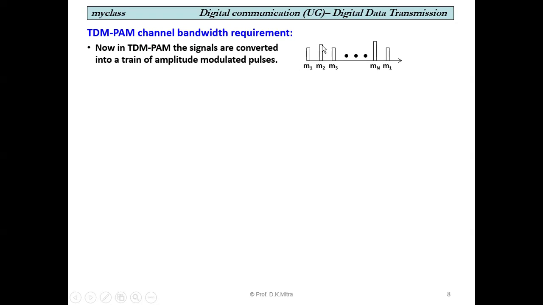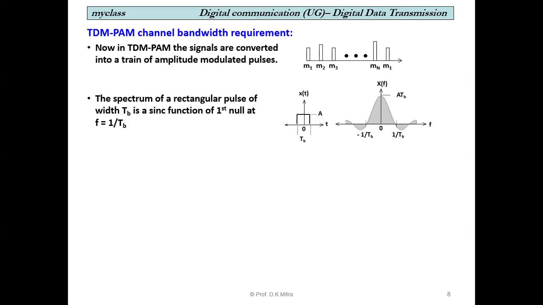In between, it is carrying M2, M3, etc. The first pulse is a sample of signal 1, and here again the second sample of signal 1. In between, there are pulses of other signals. Now let's go a little bit inside the system.